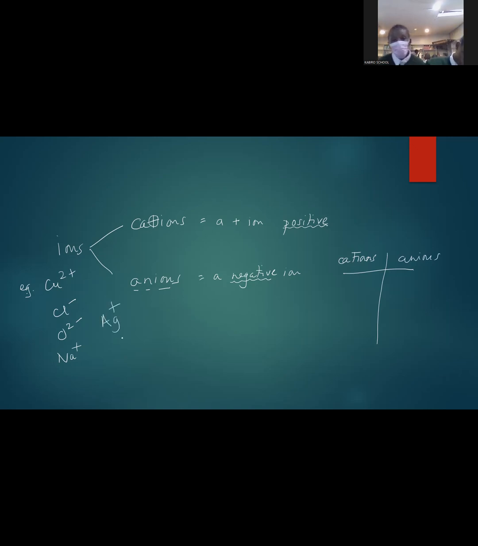So here are a group of ions, and I want to know, are they cations or anions? Just write them down in cations and anions. Have a go. Everybody just have a go at that, please, so we can make sure we know which ones are which.